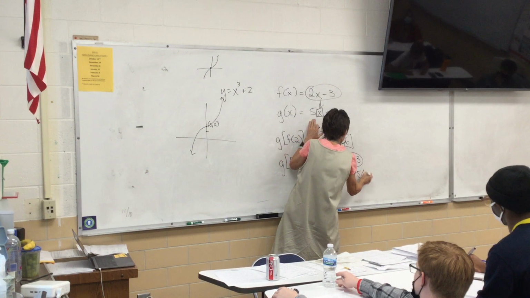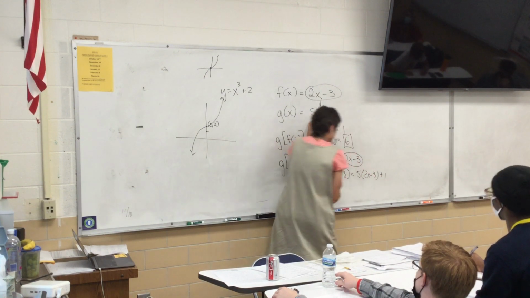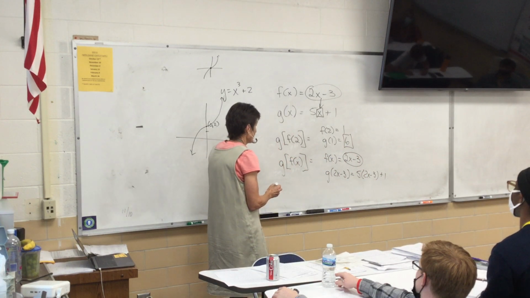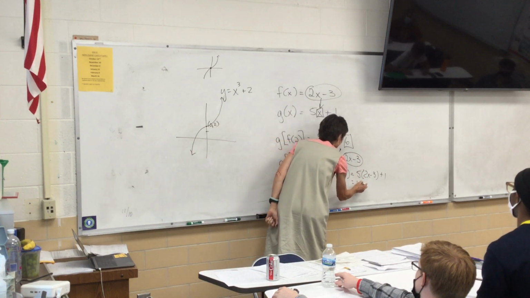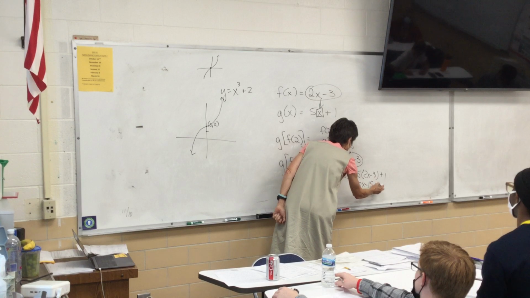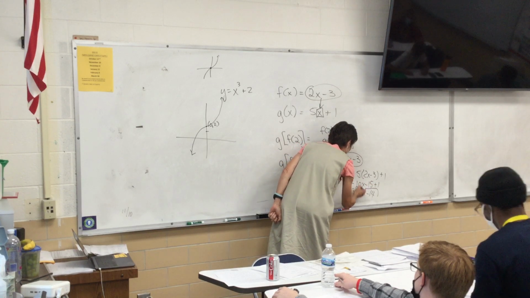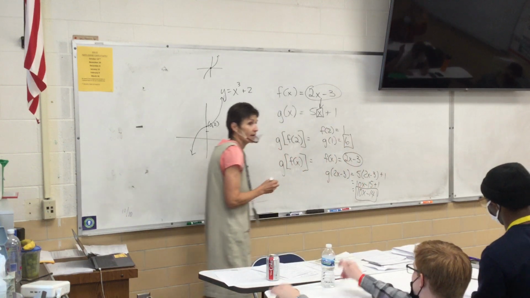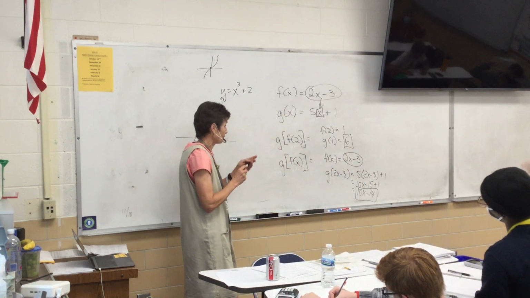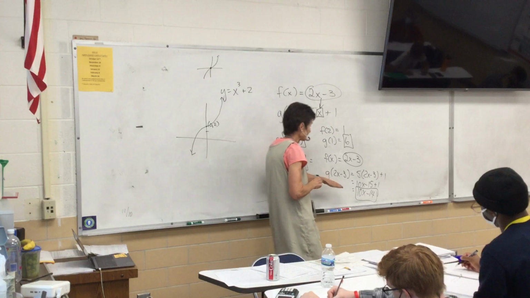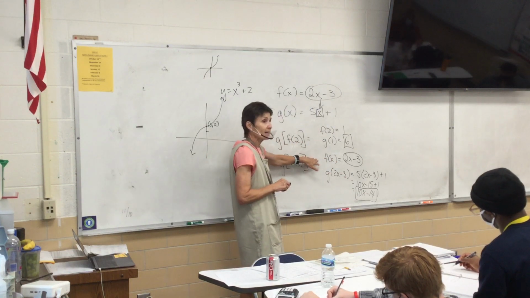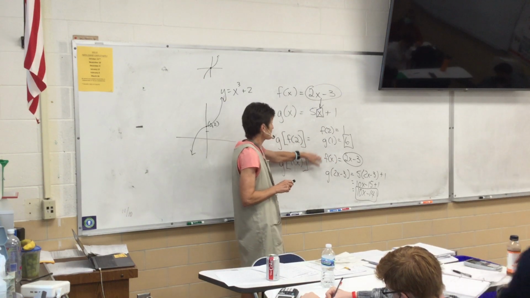So 5 times 2x minus 3 plus 1. 10x minus 15. So we get 10x minus 15 plus 1, 10x minus 14. How many of you got that one by yourself? Oh, that's wonderful. If you didn't get that one, let's back up and make sure you see the steps.